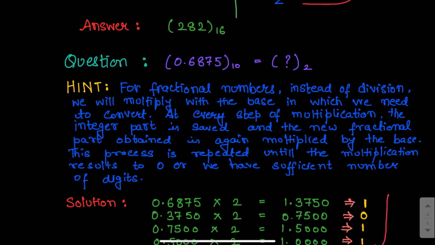So this process is repeated until the multiplication results to either 0, or I have some repeating pattern, or I have some sufficient number of digits obtained. So let us try this.